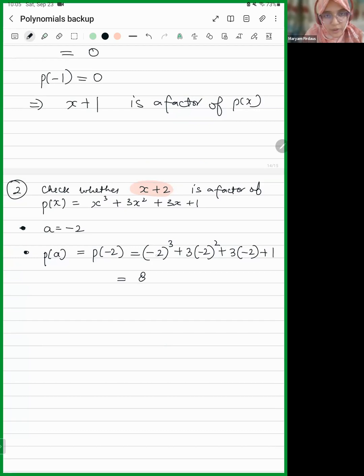Now since there is a negative sign over here, and we know that a negative, when you raise it to an odd power, remains negative, this becomes minus 8 plus 3 times minus 2 square. What is minus 2 square?